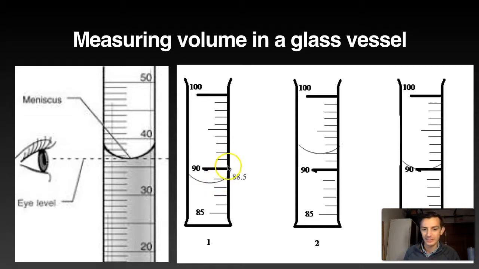All right. And again, you would need to get good at this by looking at it from eye level and really looking at the bottom of that scoop and being careful to be consistent. If you're going to measure something that would be in the middle and you're going to call it 88.5, keep saying the same number and try to be as consistent as possible. 85, 86, 87, 88, 89, 90, 91, 92.